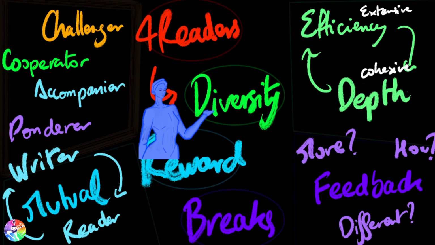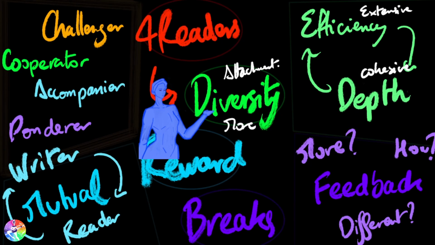That's really what diversity helps you to generate. Diversity leads to more attachment. And when people get attached to something, they want more of it. So that's why you need 4 types of reader.